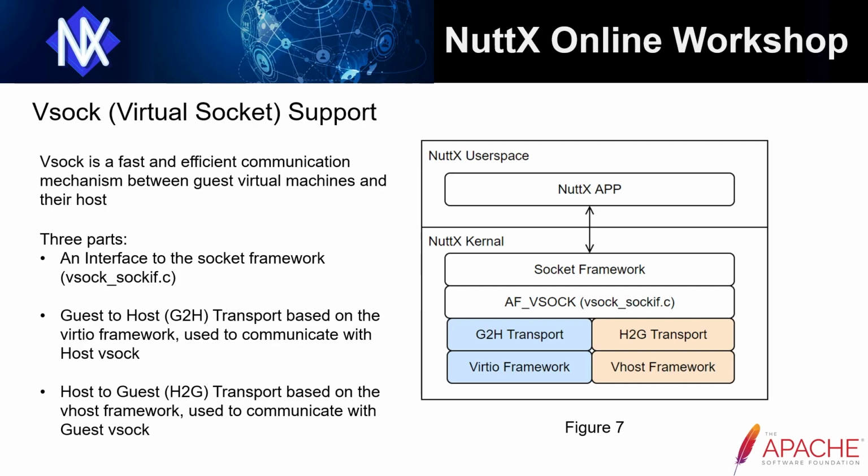The second part is the guest-to-host transport. This transport is based on the VirtIO framework and can be used to communicate with the host VSOCK. The next part is the host-to-guest transport. This transport is based on the vhost framework and can be used to communicate with the guest VSOCK.